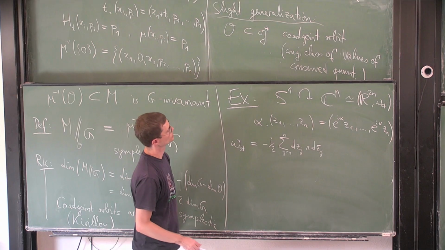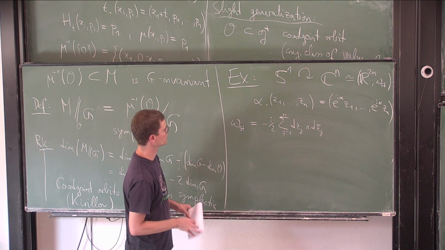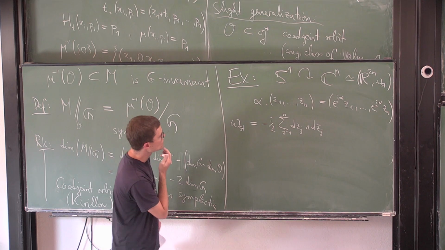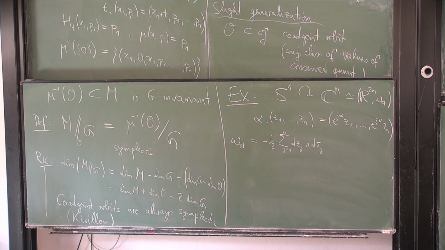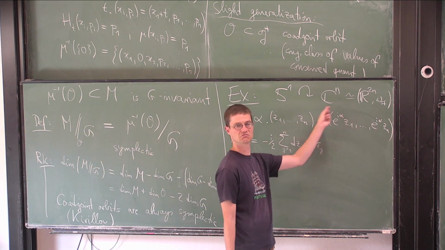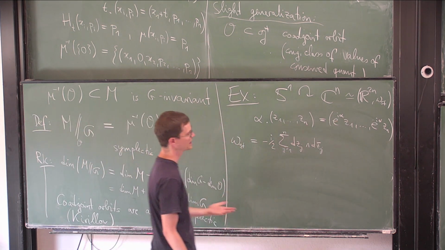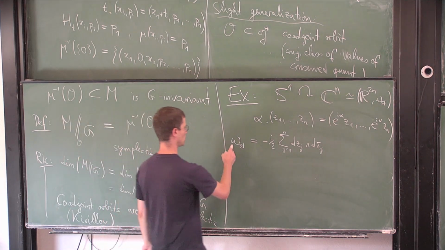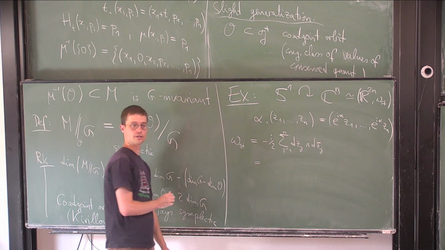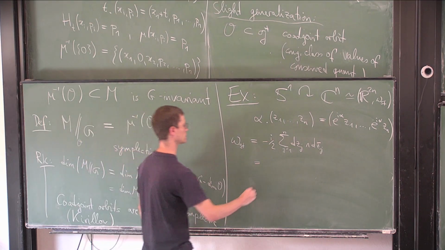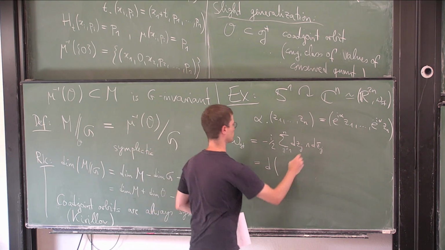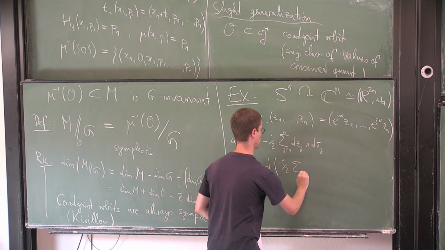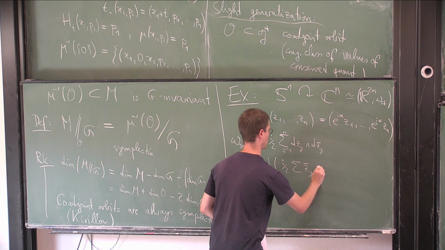Okay, so let's try to do the reduction. This is not a classical example from physics. I think you don't have any intuition of what kind of conserved quantities should be there. You just change your phase. First of all, we know that the standard symplectic structure is exact. So let's write some potential. I choose this and I get a plus sign: i over 2 sum zj bar dzj.